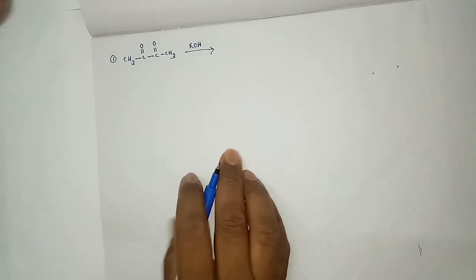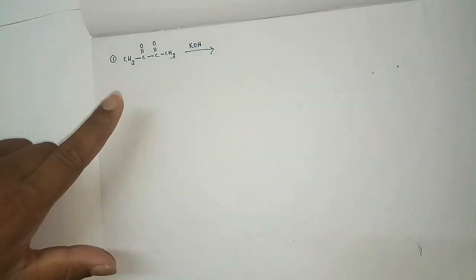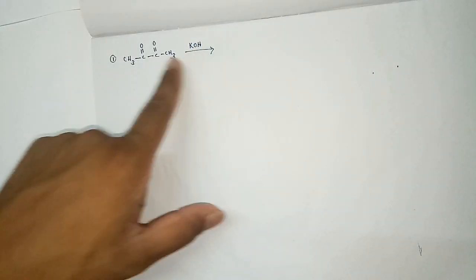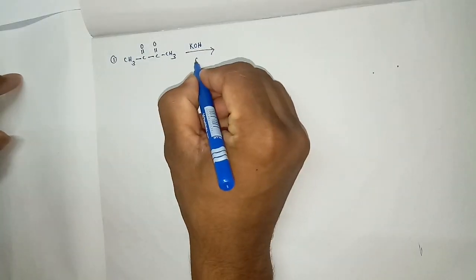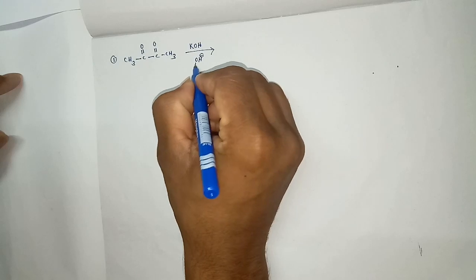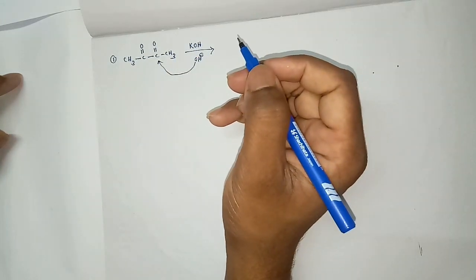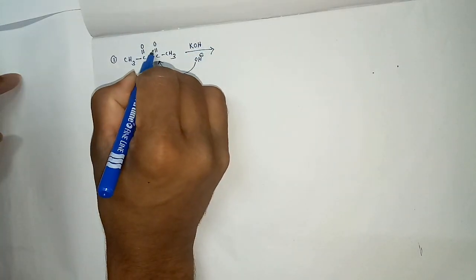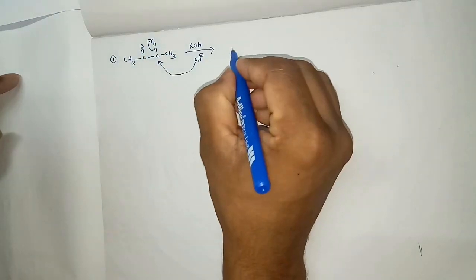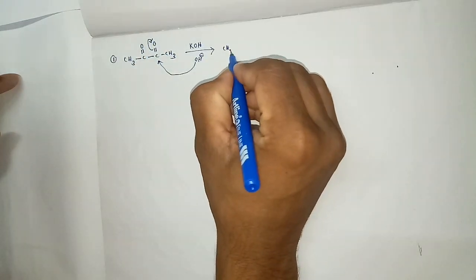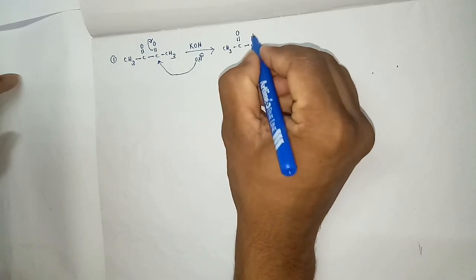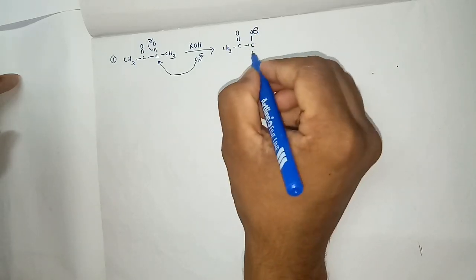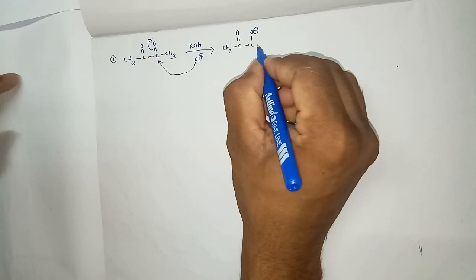We know that in the first step OH minus will attack the carbon center. The negative charge shifts towards oxygen, giving CH3 C double bond O, C with an O negative charge, a CH3 group and an OH group.